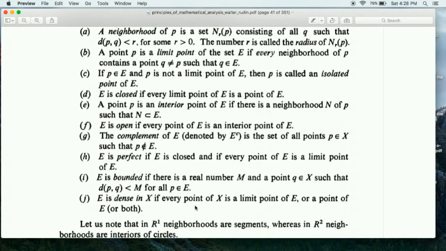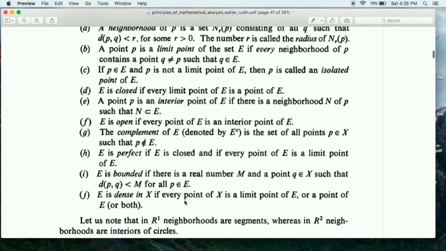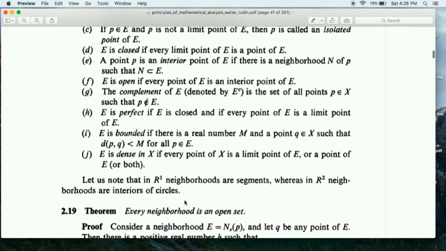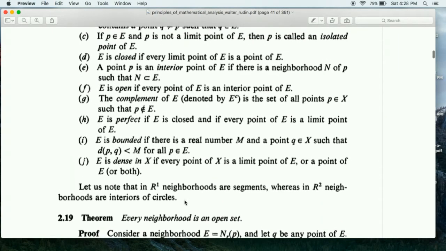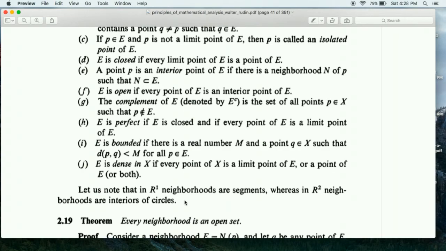The condition that both happens does not harm. So density is a very important notion. Every point in the superset must be a limit point of the subset, or maybe a point of the subset. We will see that rational numbers are dense in real numbers.